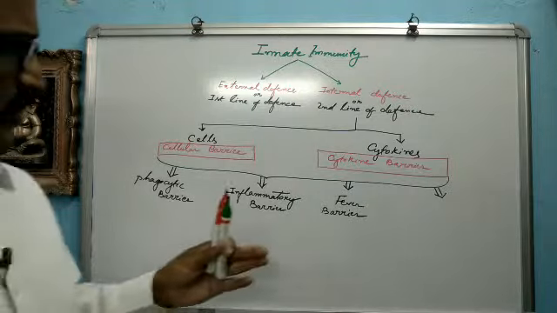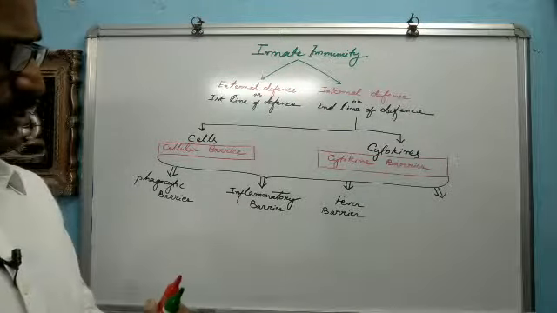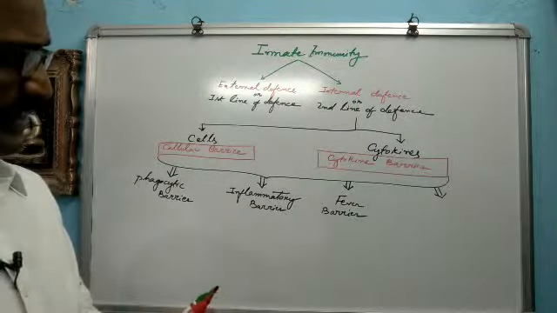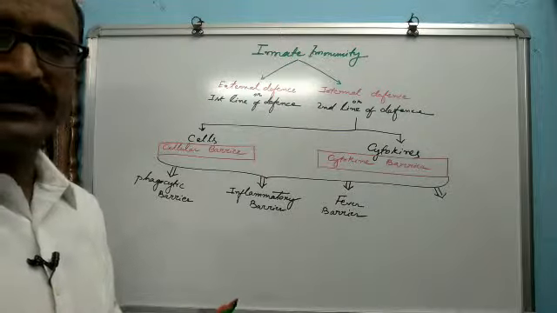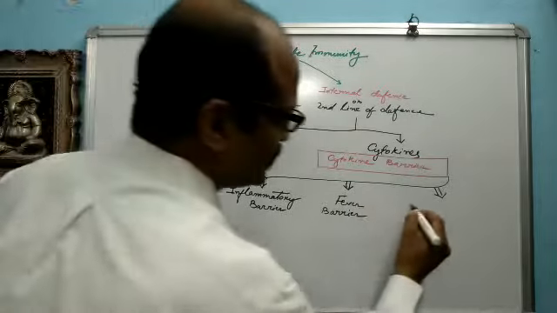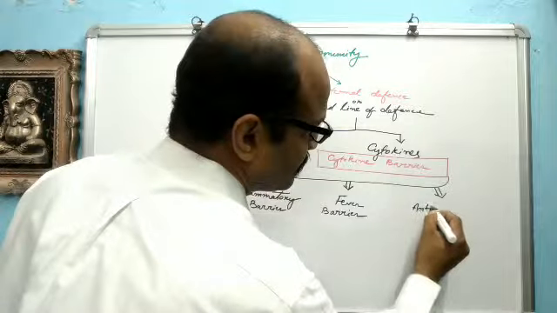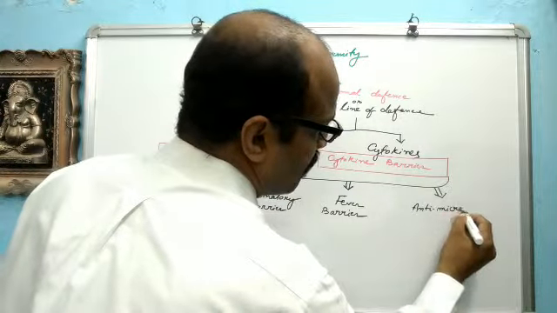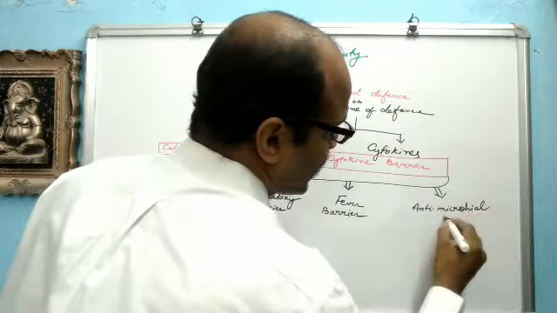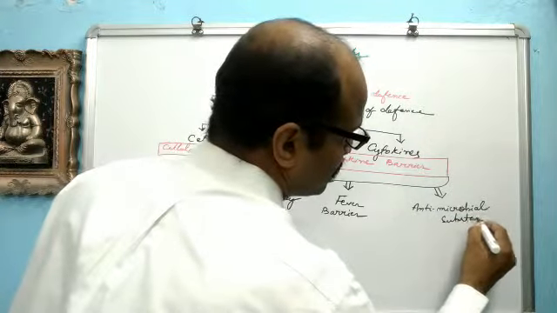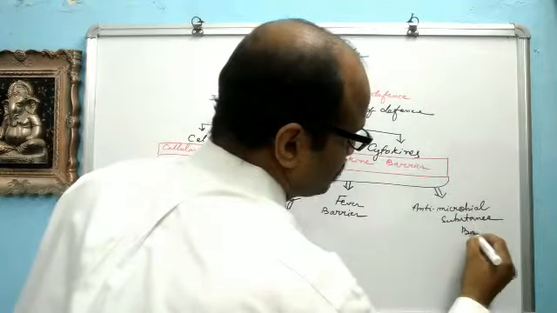Another type of barrier, formed by the secretion of different chemicals, is the antimicrobial substance barrier.